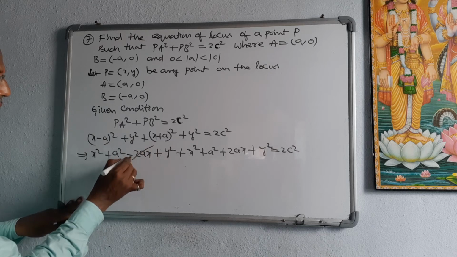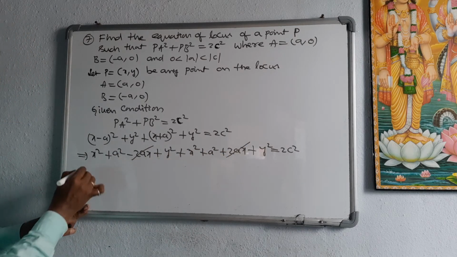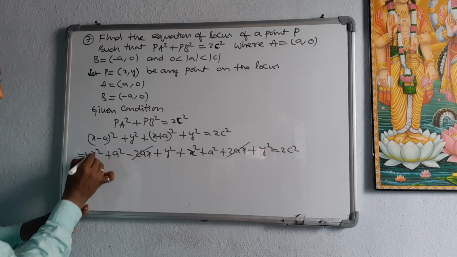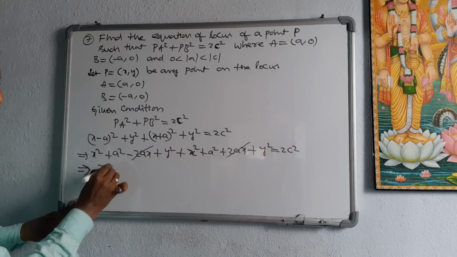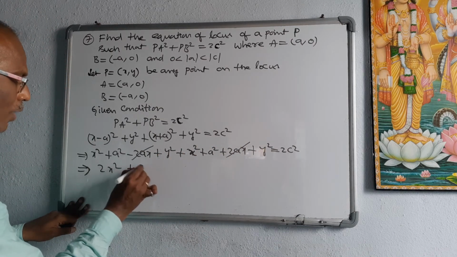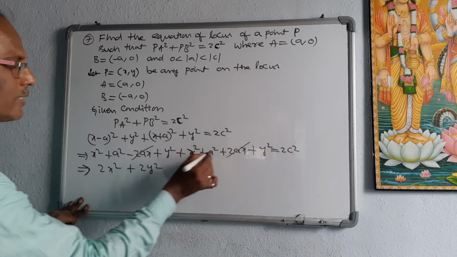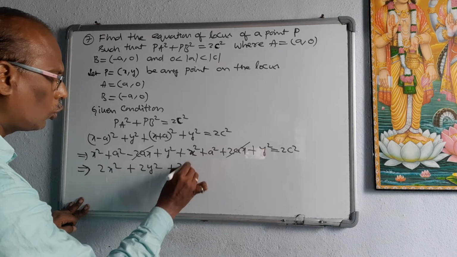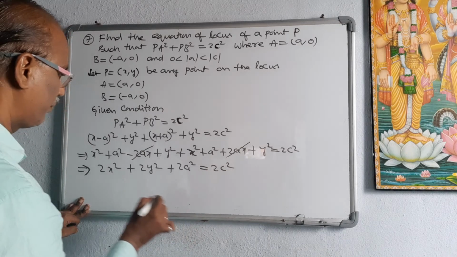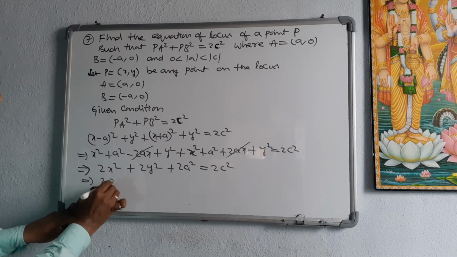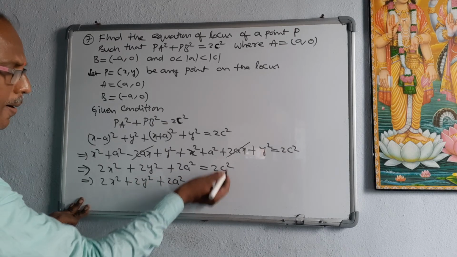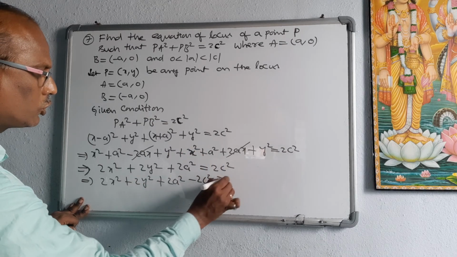Here minus 2ax plus 2ax get cancelled. X square plus x square, 2x square. Y square plus y square, 2y square. A square plus a square, 2a square equal to 2c square. 2x square plus 2y square plus 2a square minus 2c square equal to 0.